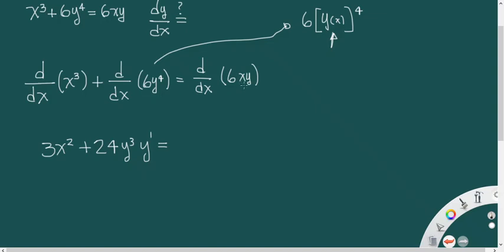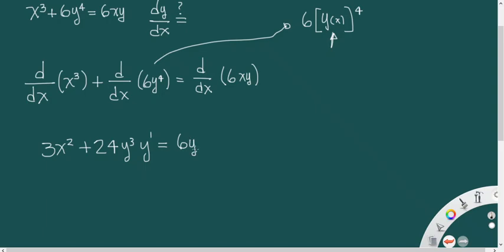This is a product of functions, so we need to use the product rule. This is the derivative of the first one, 6x is 6, times the second one directly, without differentiating.